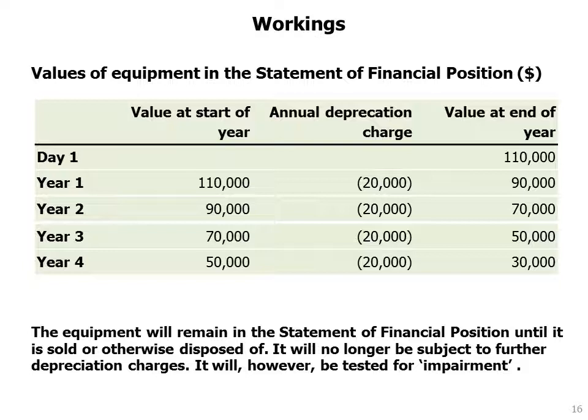This equipment will remain in the statement of financial position until it is sold or otherwise disposed of. It will no longer be subject to further depreciation charges, although it will be tested for impairment to ensure that its value remains at the estimated $30,000 residual value.